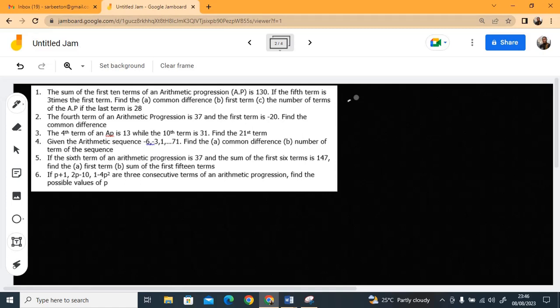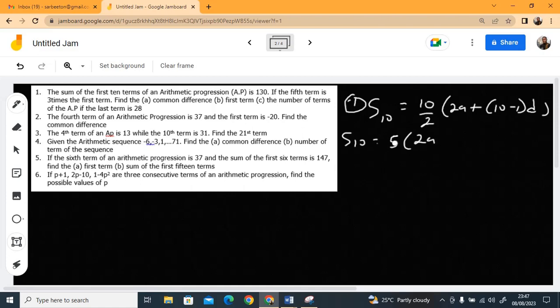Now, the first one: the sum of the first 10 terms of an AP is 130. This means the first equation, like the one we did earlier. Sum of 10, you know it to be S10 equals 10 over 2 times 2a plus (10 minus 1)d. This gives S10 equals 5 times 2a plus 9d, since 2 divided by 10 is 5.